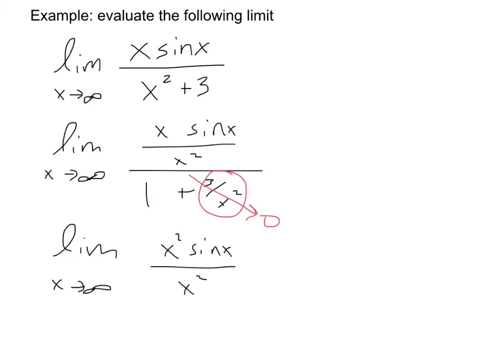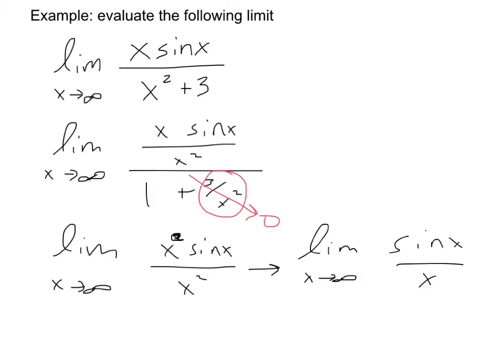This thing in the numerator should have just been x, so that was a mistake back there. So down here, this should also just be x. So I'll have to cross out that squared up there. So now, how can I simplify this? I can simplify this to be the limit as x approaches infinity of sine x over x.